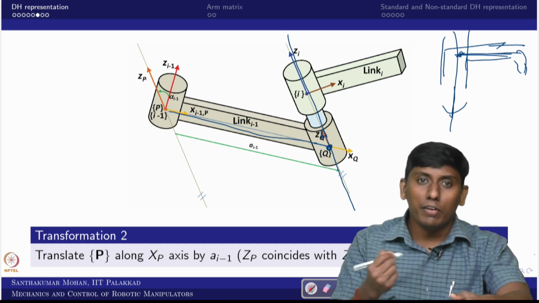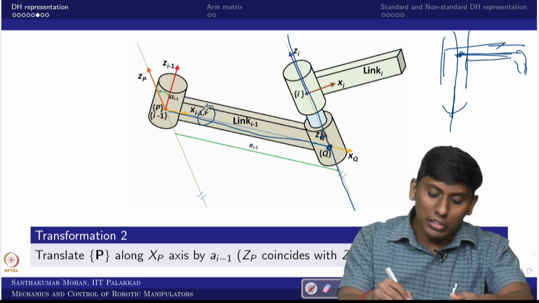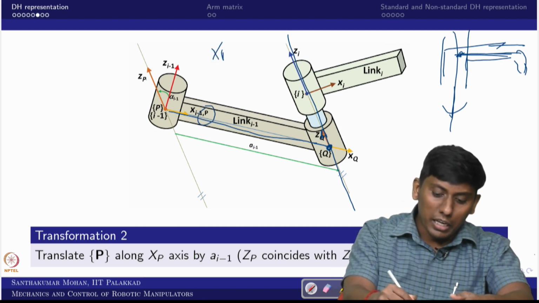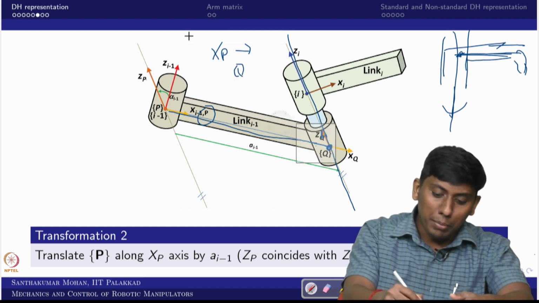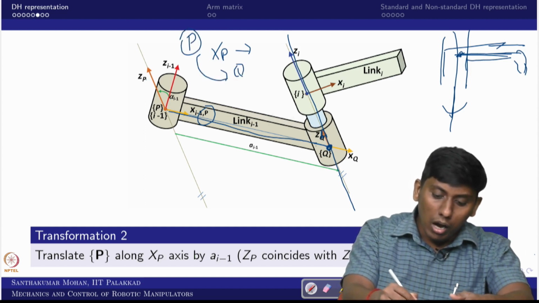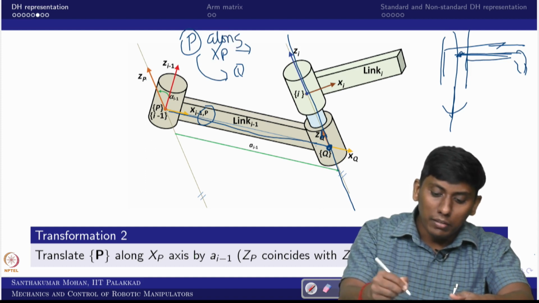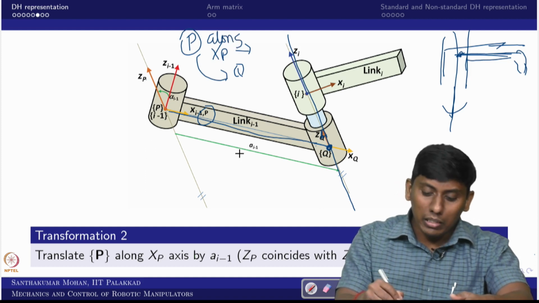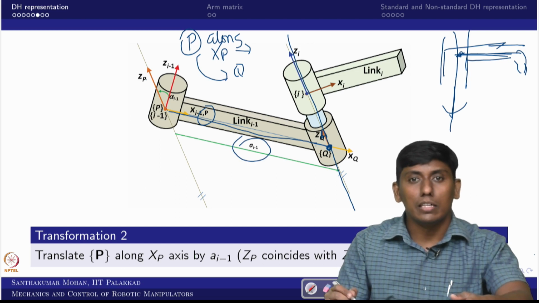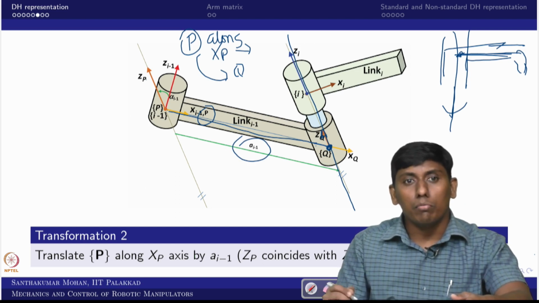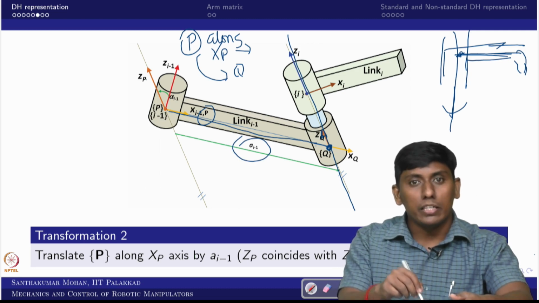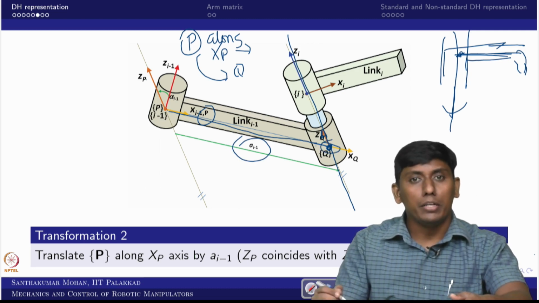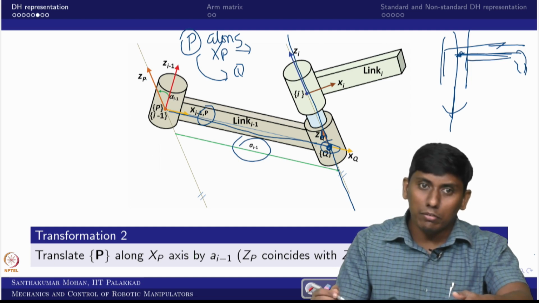That distance you can realize with Xp, going from p to q along Xp. That distance, which we marked here, is nothing but ai minus 1. So we have translated the point p in such a way that it meets the point q. Now the second transformation is done.